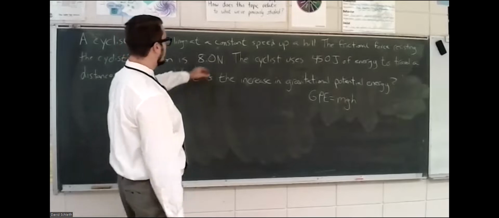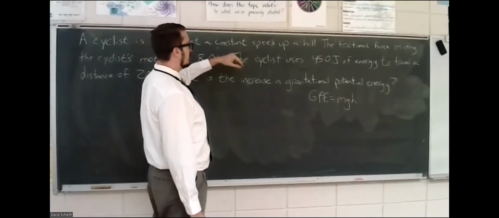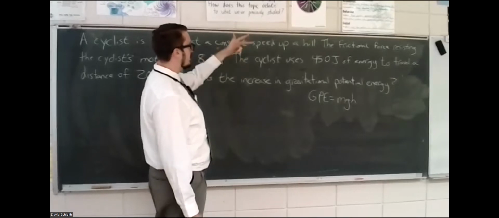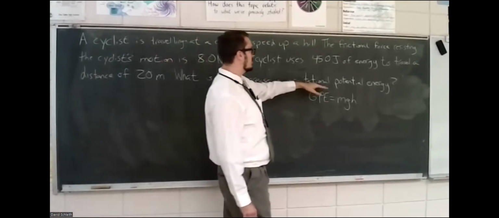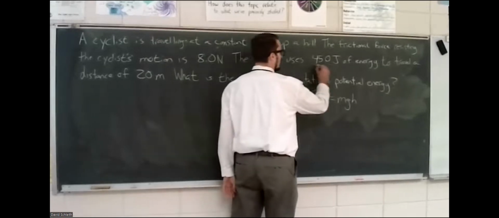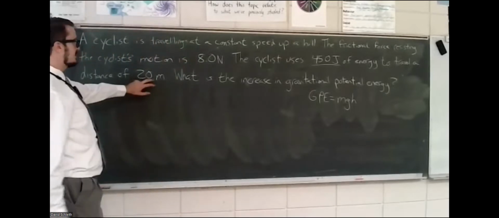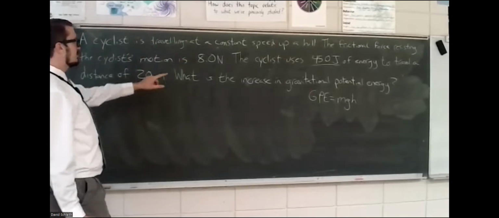We're going at a constant speed, so we're not changing our kinetic energy. We're going up a hill, so what's going to be the increase in gravitational potential energy? They tell us that it took 450 joules of energy to travel a distance of 20 meters. But there was a resistive force.